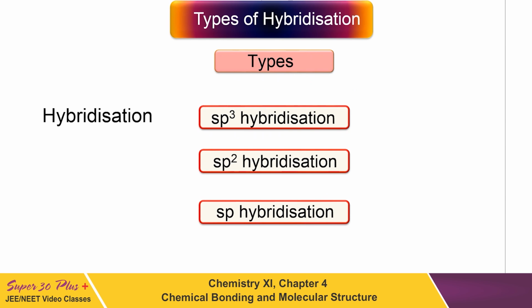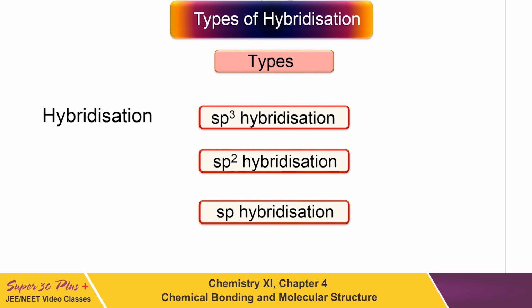Now you must be thinking, how many types of hybridization exist? See students, hybridization is of different types. In today's class, I will tell you about the sp3 hybridization and moreover sp2 hybridization. The rest of the hybridizations we shall discuss in the next session.